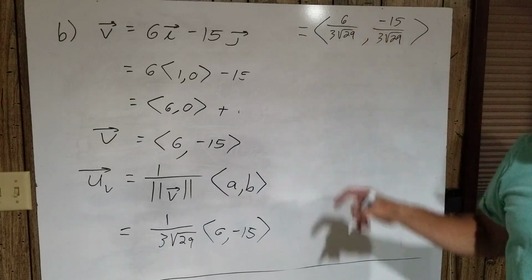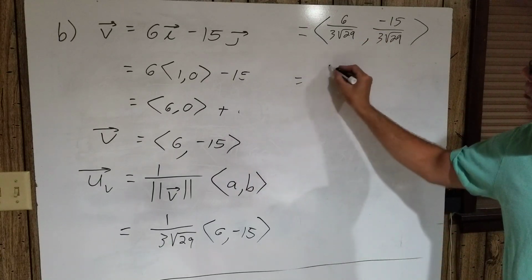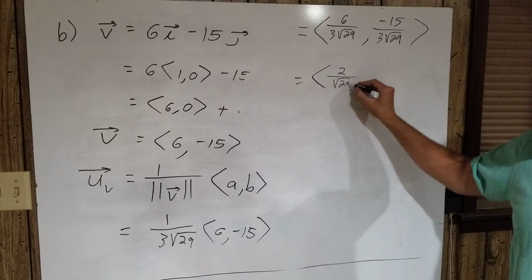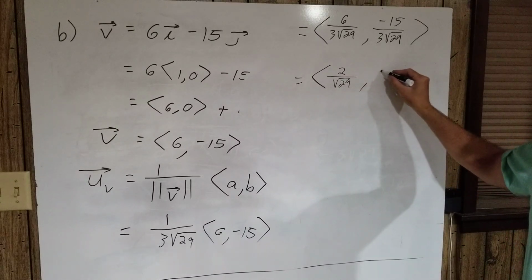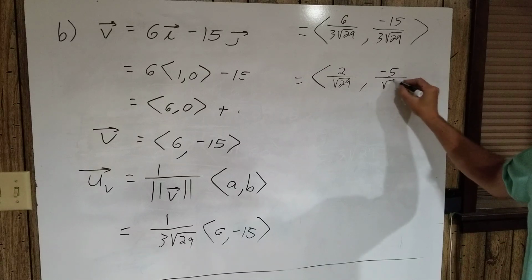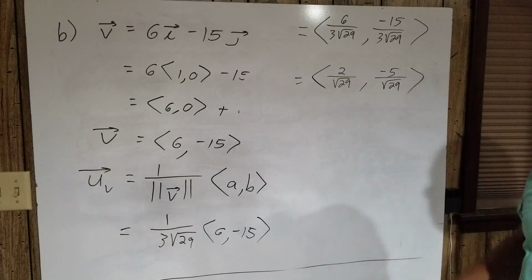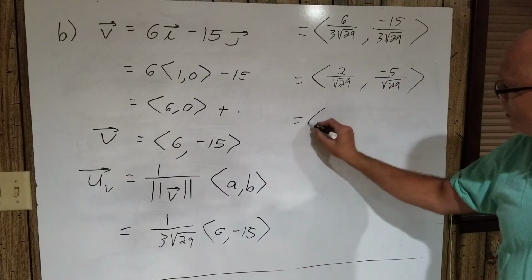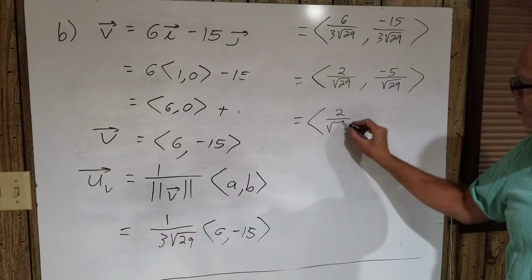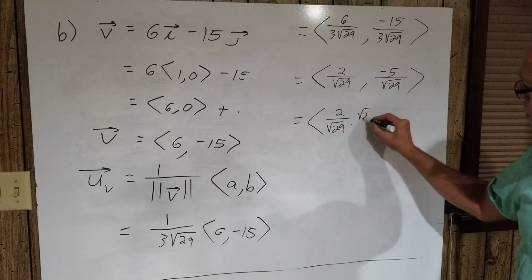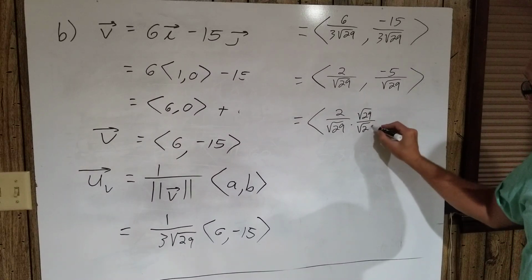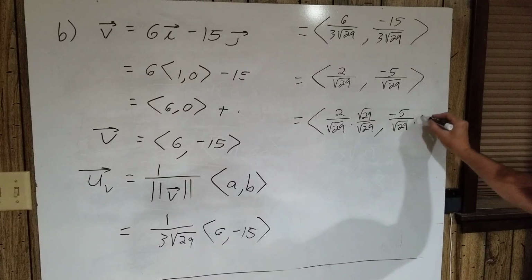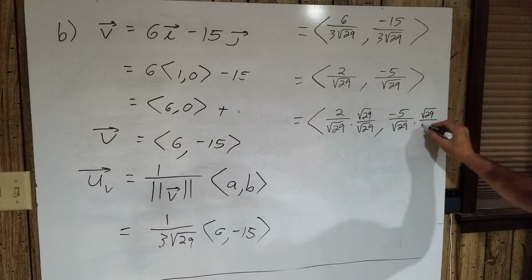Now let's simplify each fraction, okay? Wouldn't that be the same thing as 2 over the square root of 29 and negative 5 over the square root of 29? Now let's rationalize each one of these. So that's 2 over square root of 29 times the square root of 29 over square root of 29, and negative 5 over square root of 29 times square root of 29 over square root of 29.